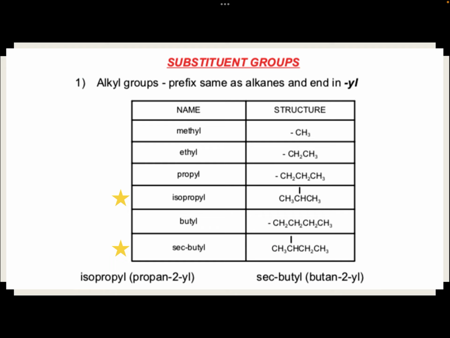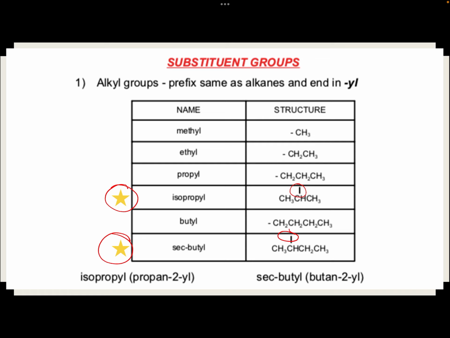So we have our alkyl groups. Once again, the prefix name is the same as the alkanes, but it ends in YL. So we have methyl, ethyl, propyl, isopropyl, butyl, and sec-butyl. Once again, the isopropyl and sec-butyl are going to be starred, and the reason for that is because of the line that comes off of it.